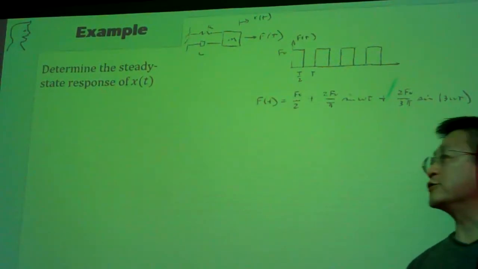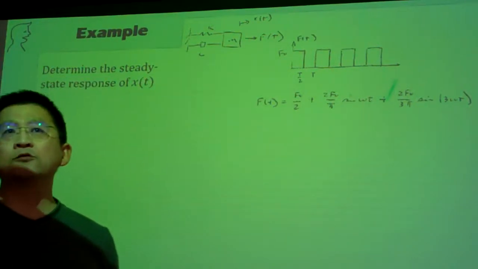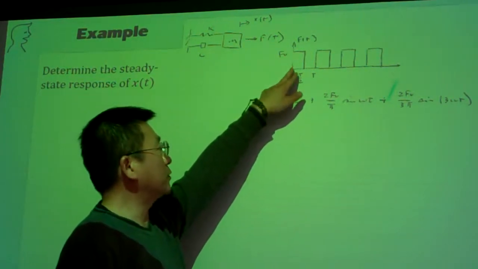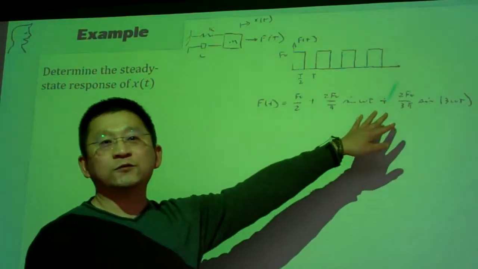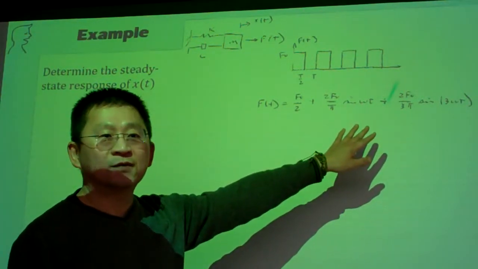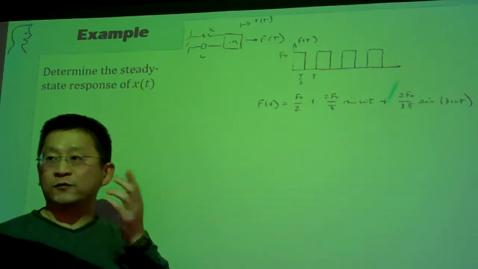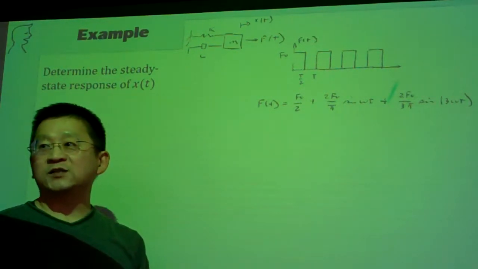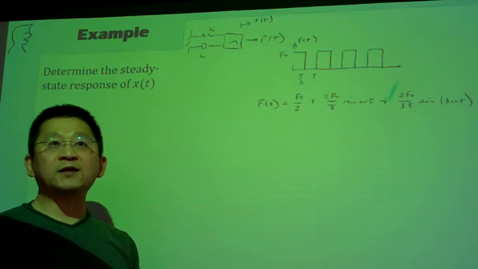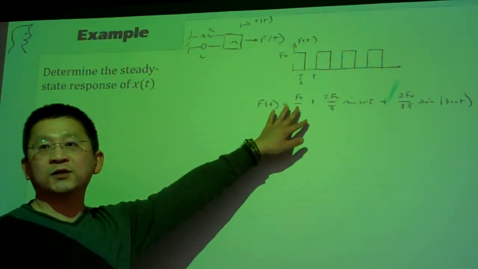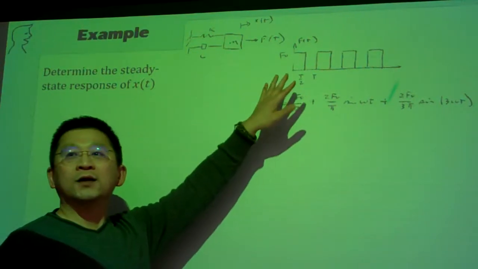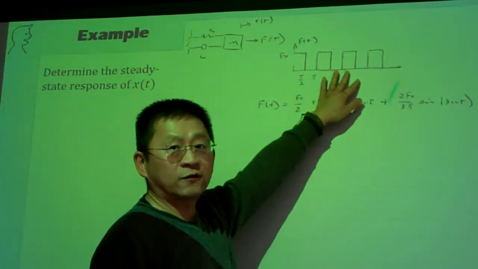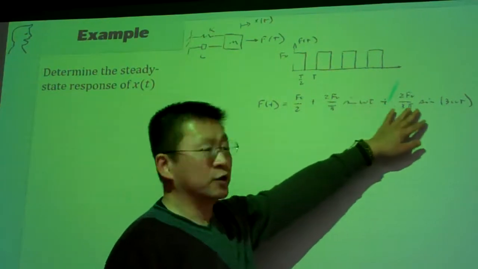Okay, so now the issue is this. You can ask me, how do I decompose such a periodic function into this form? Then that is the Fourier series expansion. So what you have learned before about Fourier series, that is where we apply it in engineering here, to help us express any periodic function as a combination of harmonic terms.